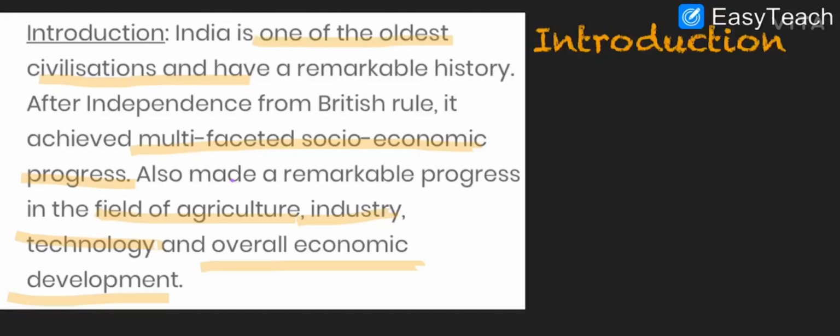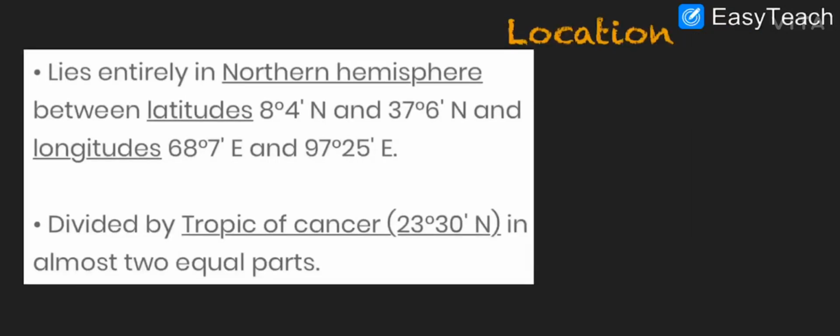Now we are going to delve into the lecture. Let's see what's the next slide. Location. First we are going to talk about India's location. India lies entirely in the northern hemisphere. Which hemisphere? Northern hemisphere. This is a 1 mark question in your exams.